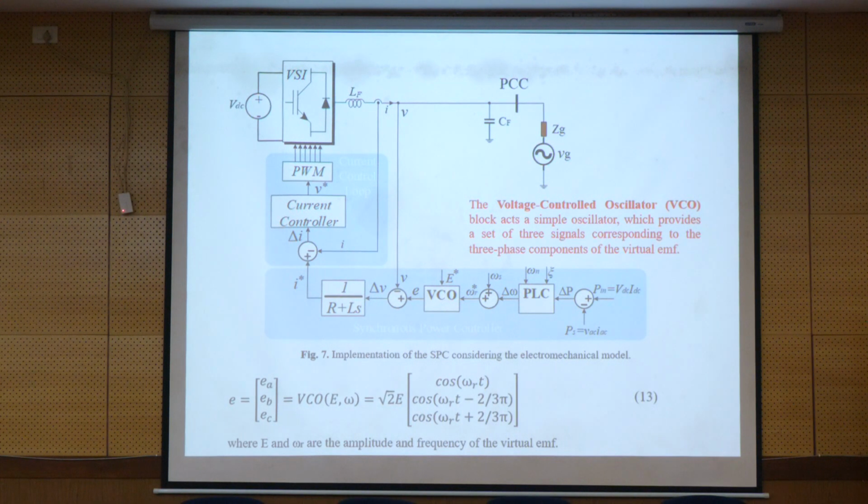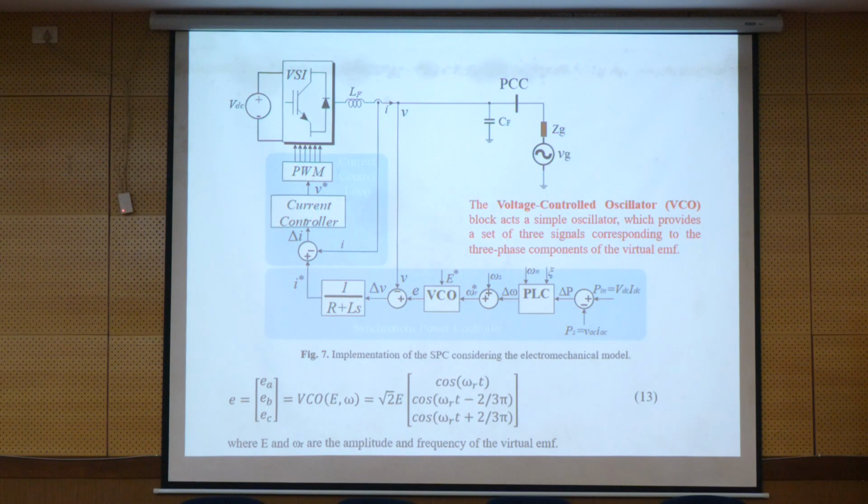Synchronous generator, okay? So in fact, we modelize the behavior of the synchronous generator in the control loop of the converter. So our converter is working as a synchronous generator. We call it a virtual synchronous generator. So it has the benefit of the conventional synchronous generator, and it doesn't have the drawback of the conventional synchronous generator.